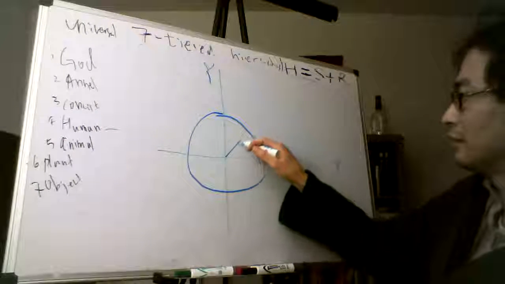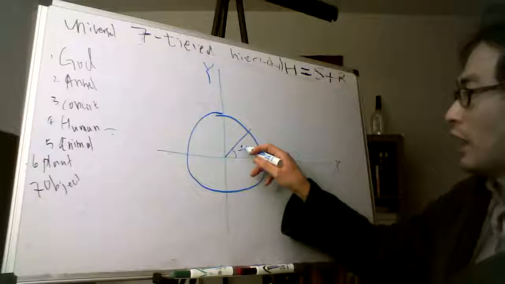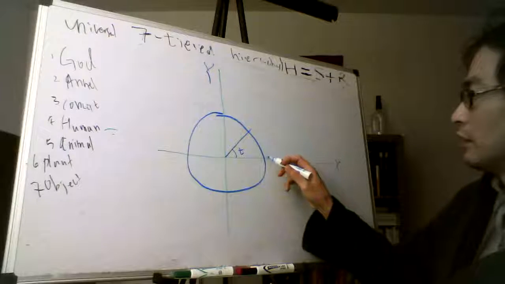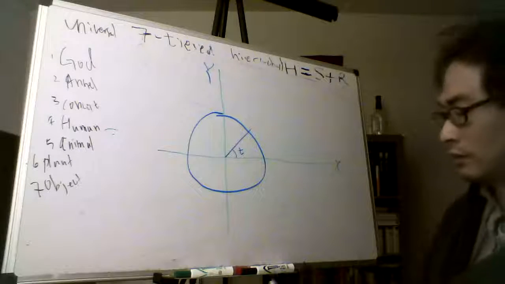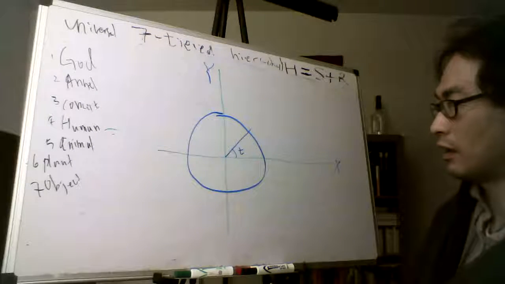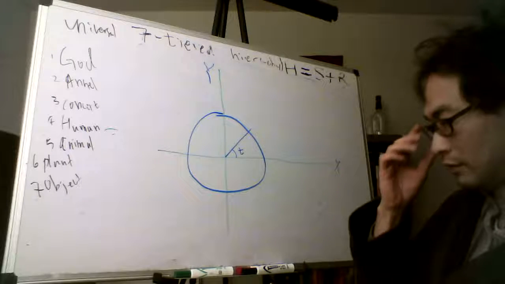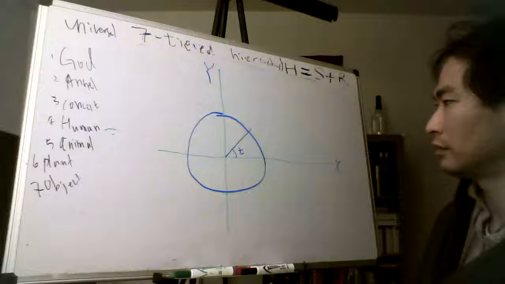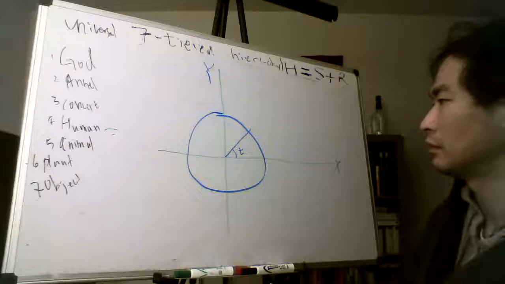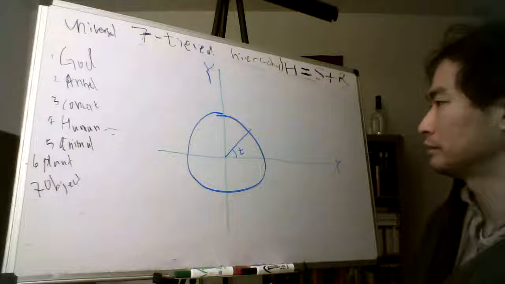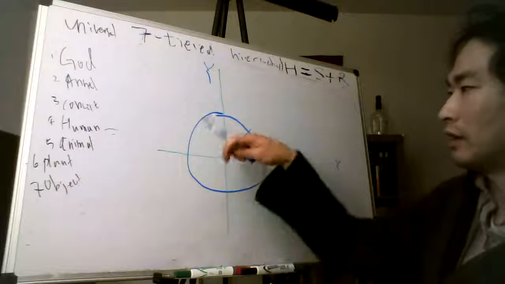And this angle also corresponds to time, okay? Let's say it's time 0, time 1, and so on. So pi is 180 degrees, okay?